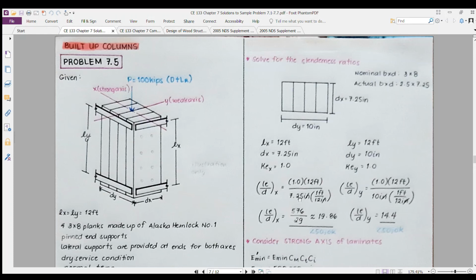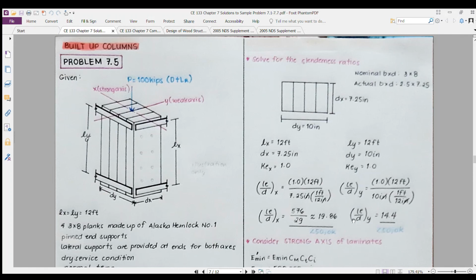Solving for the slenderness ratio for the x-axis using the formula L sub e over d for the x direction, where L sub e is equal to K e multiplied by the unbraced length in the x direction, we have a slenderness ratio of 19.86. Using the same formula in the y direction, we have a value for L sub e over d sub y of 14.4.